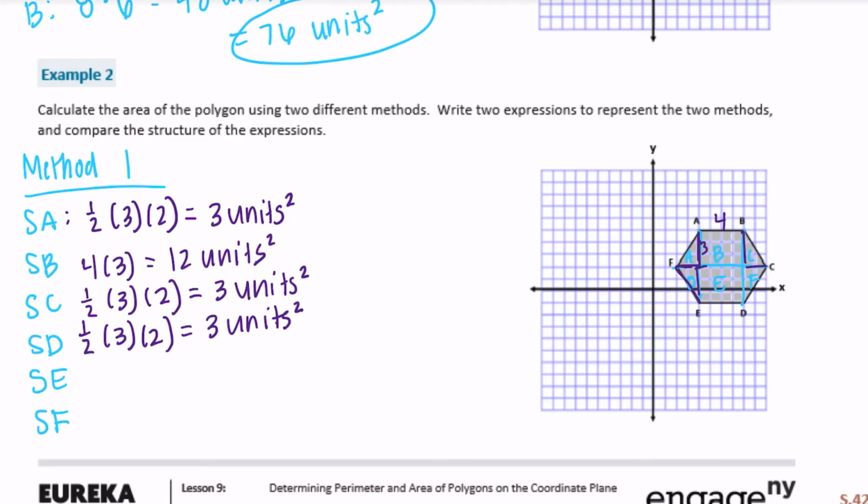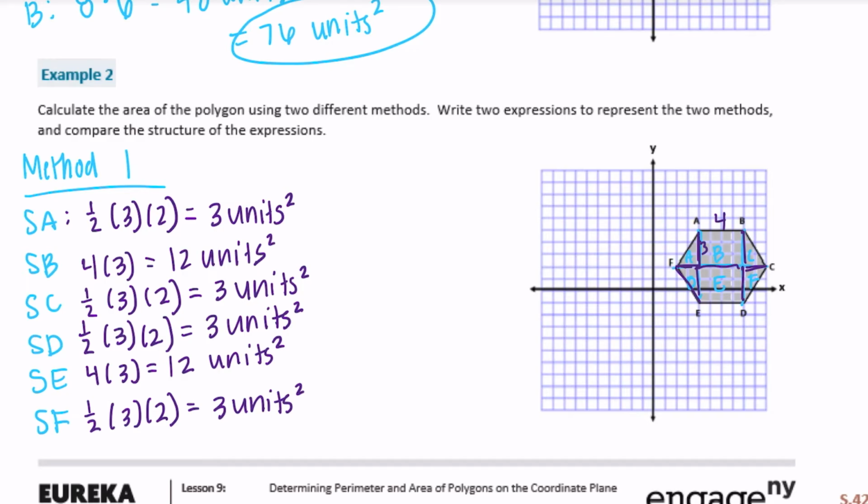Shape E is another rectangle, 4 by 3. And shape F is 3 by 2. 1/2, 3 by 2 would be equal to 3 units squared.